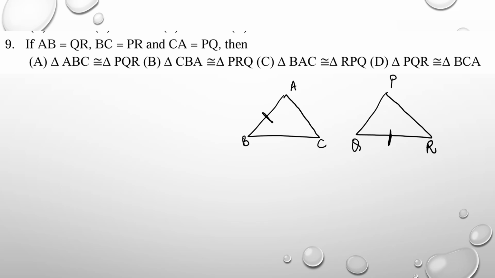We need to check किस फॉर्म में ट्राइंगल्स कॉन्ग्रुएंट है. कॉन्ग्रुएंट होने के लिए एंगल शुड ओवरलैप, हमें वही चेक करना है. ये डिफरेंट डिफरेंट फॉर्म में ट्राइंगल्स की नेमिंग हो रखी है, तो हमें चेक करना है वेदर A is falling on P और A is falling on Q और A is coinciding with R. हमें ये चेक करना है बेसिकली. सो AB is equal to QR. Next BC. BC is equal to PR.